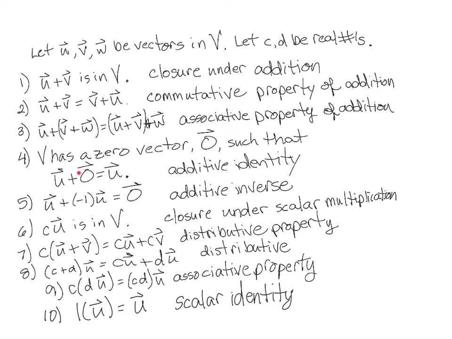There is a zero vector such that all of the components are zero, right? And so you take any vector in your space, add the zero vector, and you get your vector back. That's called the additive identity, because if I add it, I get the same value back. Also, number 5, if I use a -1 times a vector and add it to this vector itself, I'm going to obtain the zero vector.